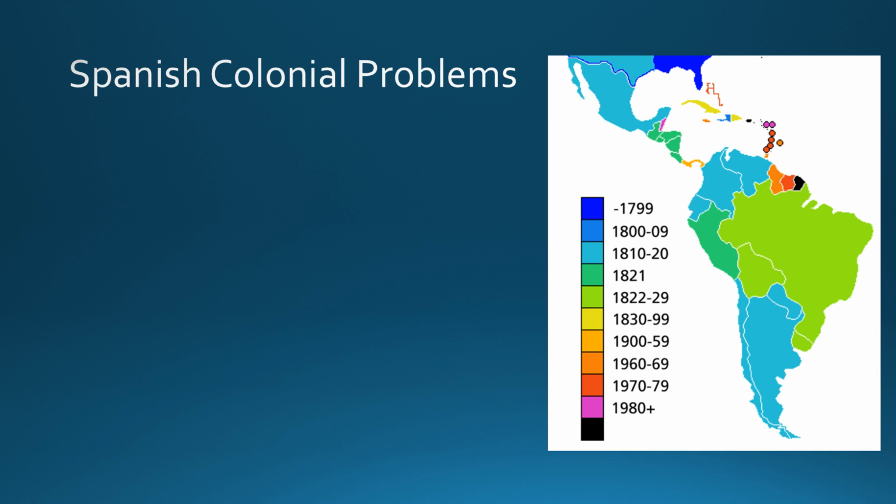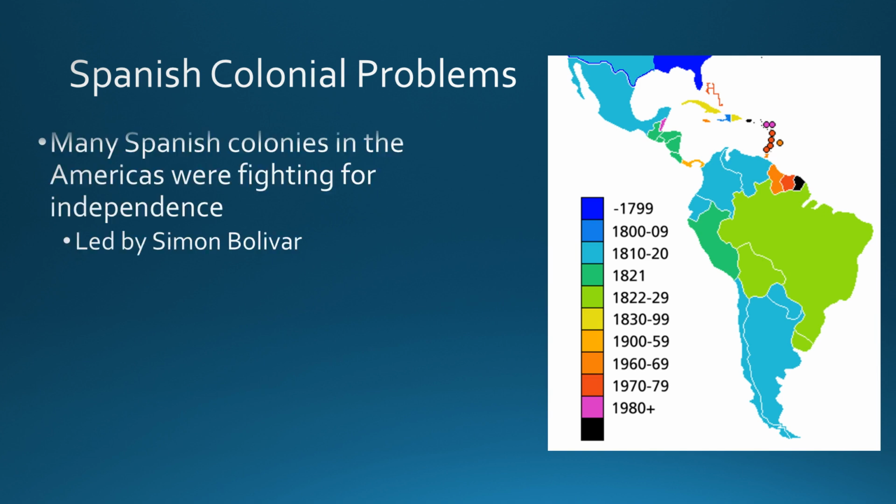We need to look at some of the larger issues Spain was dealing with at the time to understand why they sort of give in to the United States in this incident. At one time, Spain had the largest empire in the Americas. By the early 1800s, however, many Spanish colonies in the Americas were fighting for their independence, inspired by leaders like Simon Bolivar.